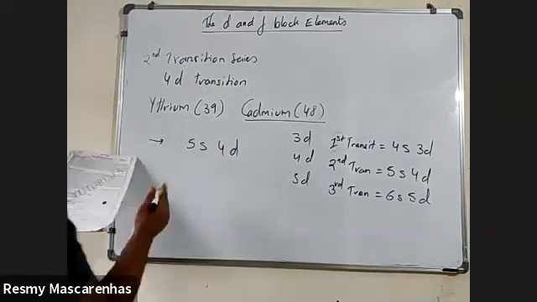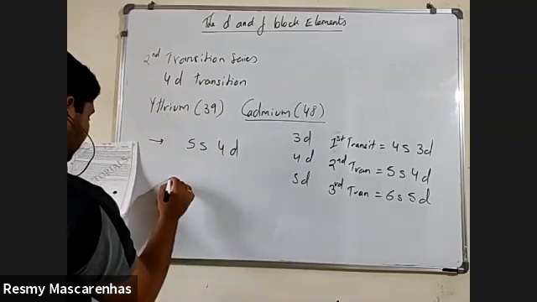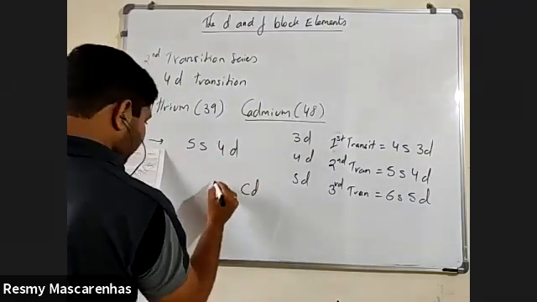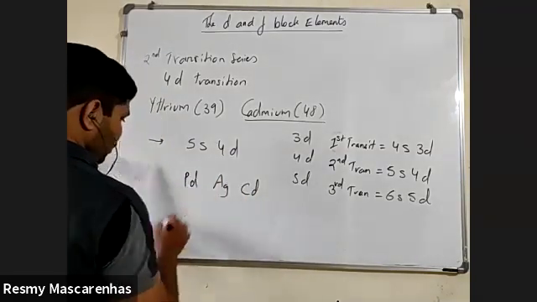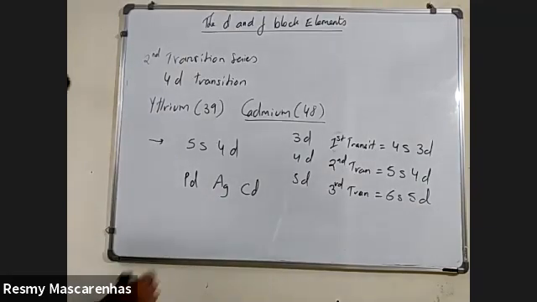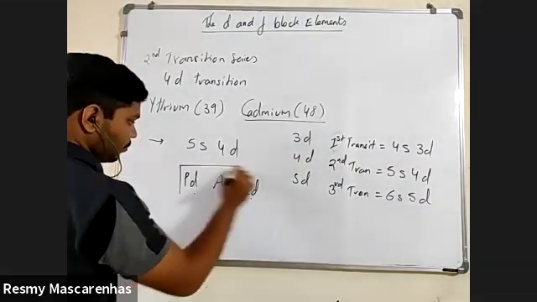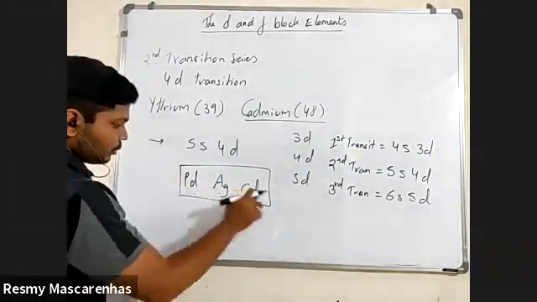Now here in this second transition series, which are the important ones? Cadmium. Before cadmium, silver is there, and before silver, palladium. So Pd, Ag, and Cd. This is the last element, Pd, Ag, Cd. So only this you remember.